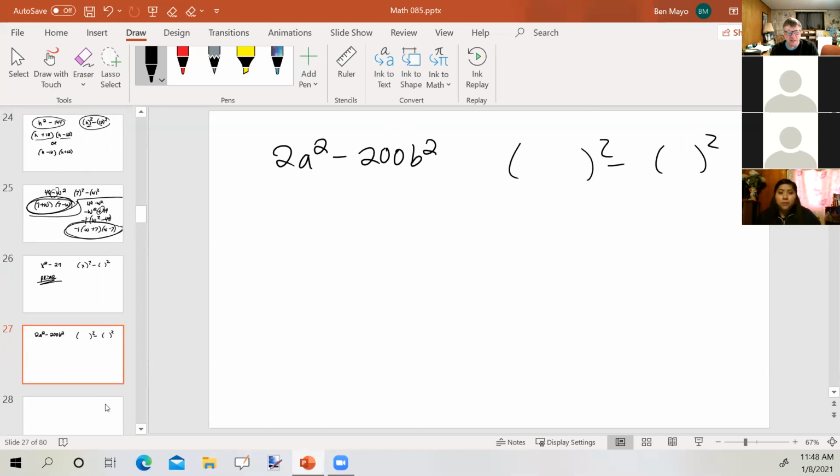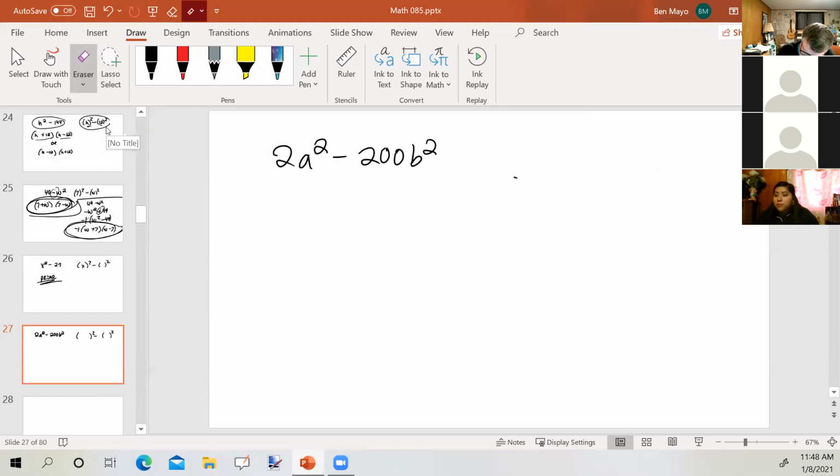So at least at this point, it doesn't appear to be the difference of two squares. However, what we can do and should do first is take out a greatest common factor.